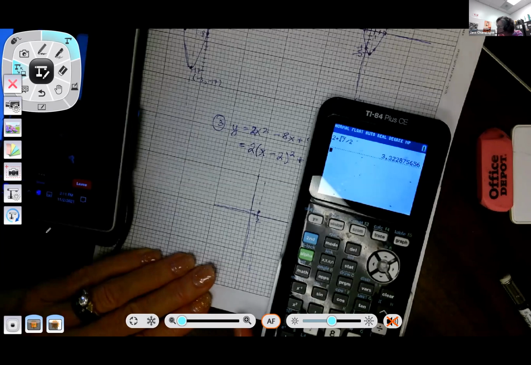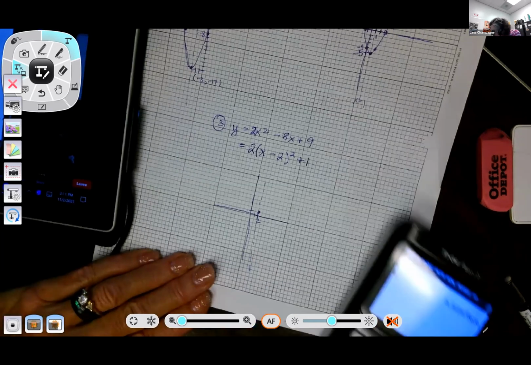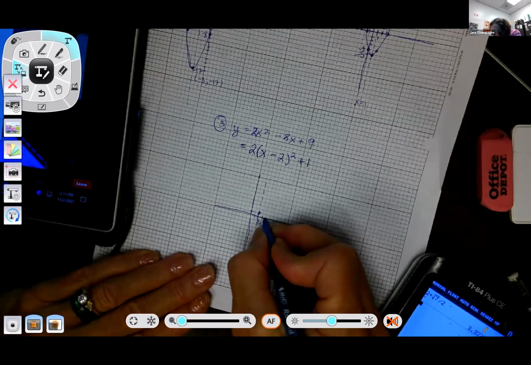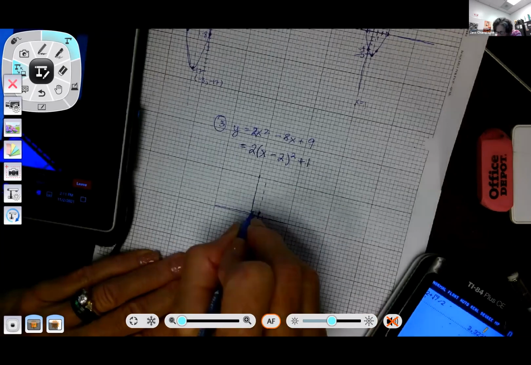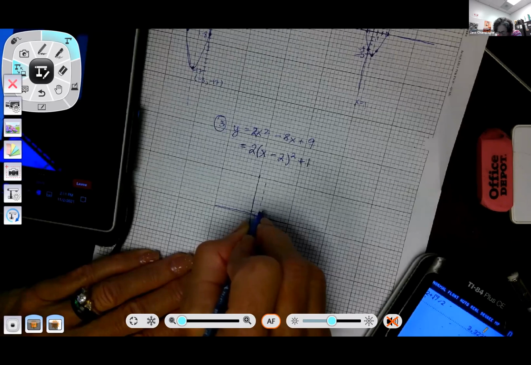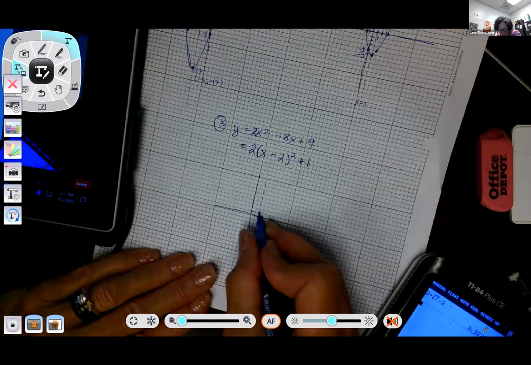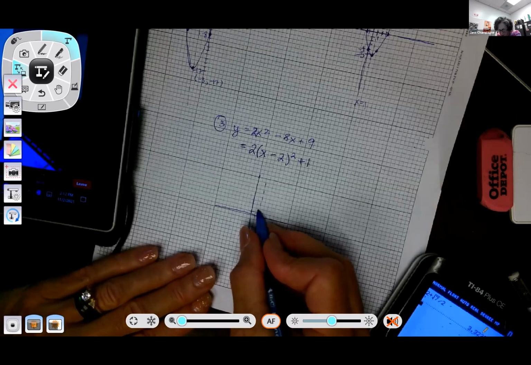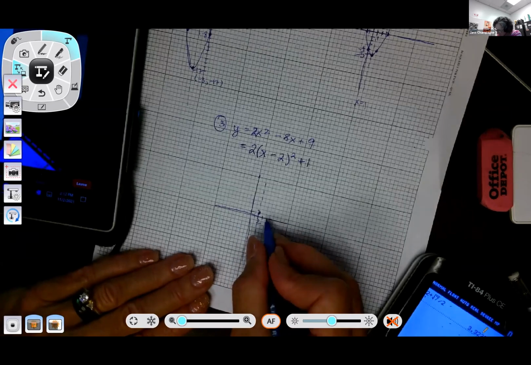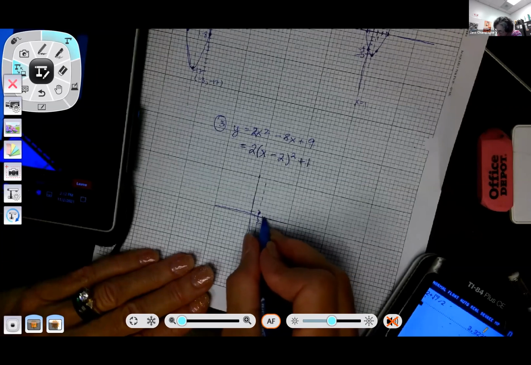So 3.3 approximately. That doesn't make sense. Something's wrong here because if the vertex is at 2, 1 and it opens upward, we can't have x-intercepts down here, can we?